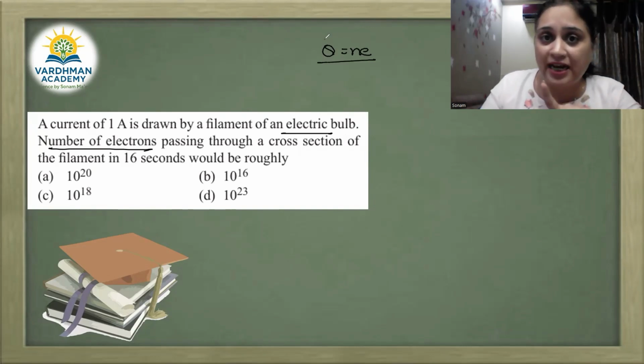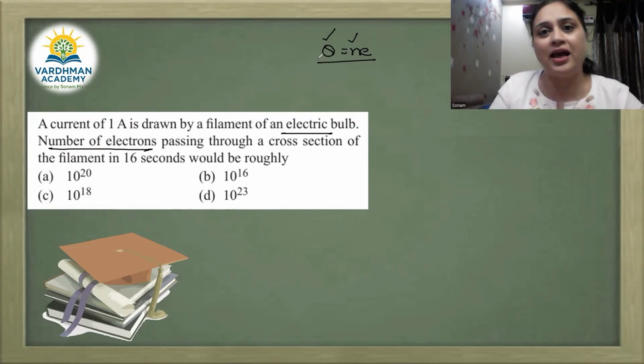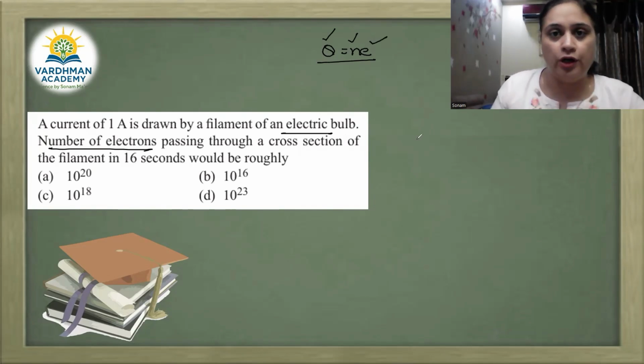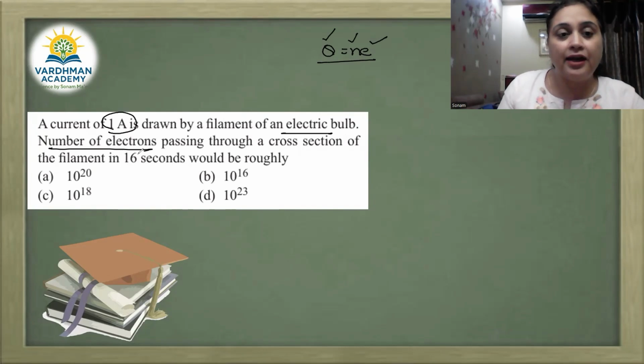So Q stands for the charge, N stands for the number of electrons जो आपको find out करना है, and E stands for the charge on one electron. So आपके पास Q नहीं है, but you have I and you also have the time period. आपके पास करंट है 1 एम्पियर और आपके पास टाइम पीरियड है विच इज 16 सेकेंड्स चिल्ड्रन.